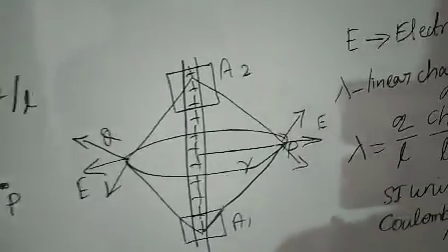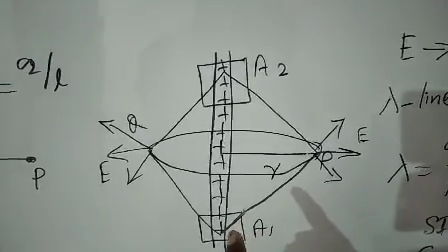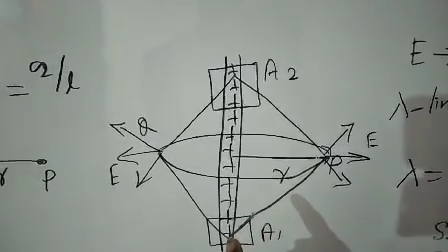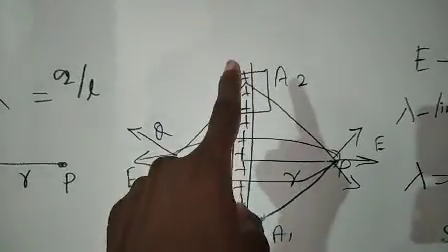Then from diagram 2 we consider two small elemental areas A1 and A2.